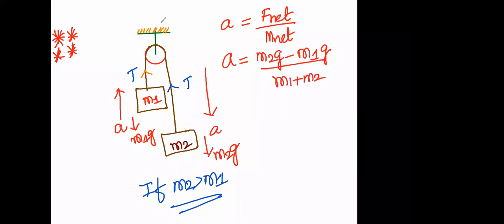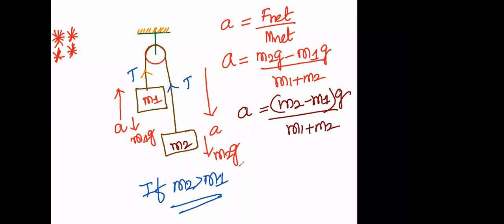Therefore, acceleration A is equal to (M2 minus M1) into G divided by (M1 plus M2).